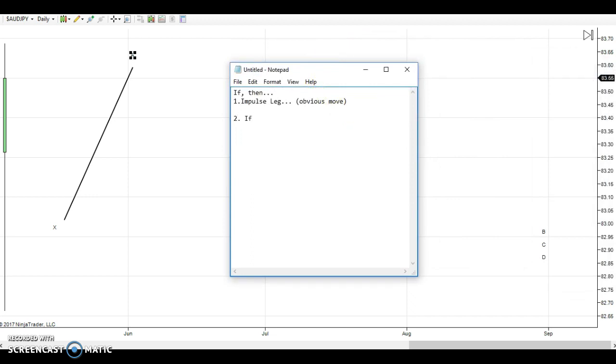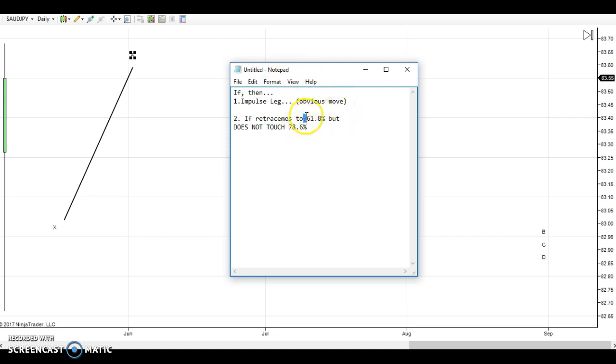So if it retraces to the 61.8% retracement but does not touch the 78.6% retracement, then it's still a valid Gartley pattern.